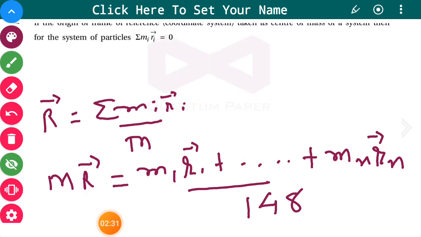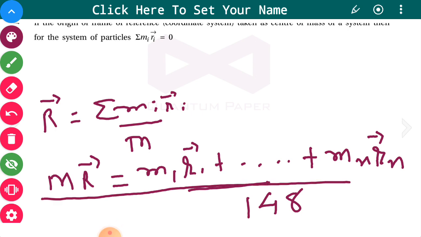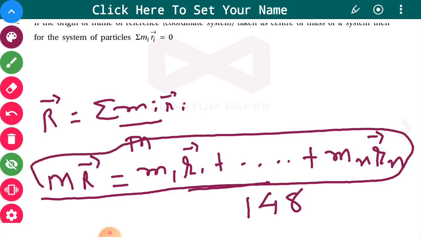Okay, so now we shall proceed to the motion of center of mass. When you want to find the motion, first of all we take the time differentiation of this equation, that is, differentiation with respect to time. So the position vector r will be written as dr by dt, and here also it will be dr1 by dt up to drn by dt.